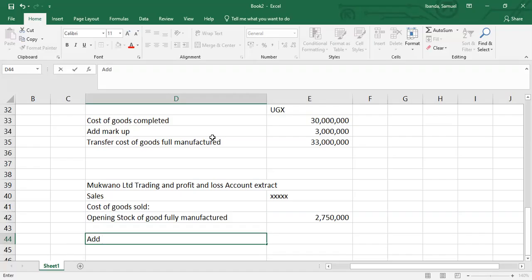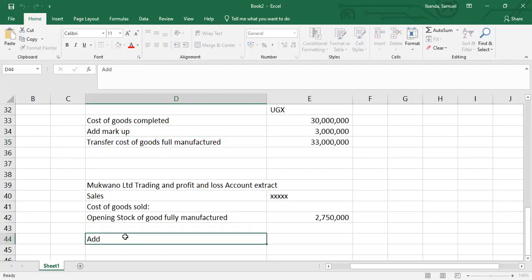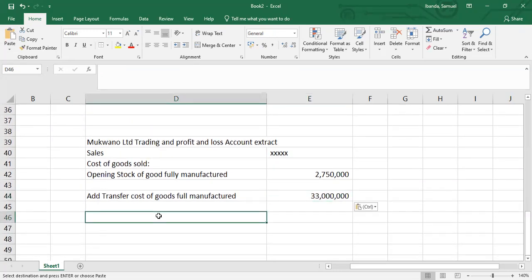What we are adding is the transfer of cost of goods fully manufactured, okay? This is what we are adding right here. And remember, here we have 33 million, okay?